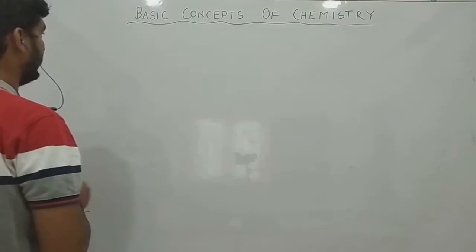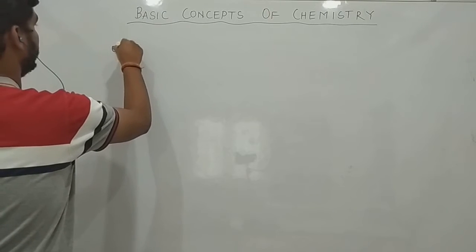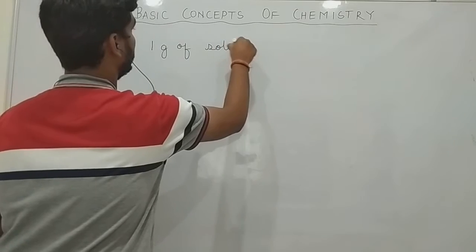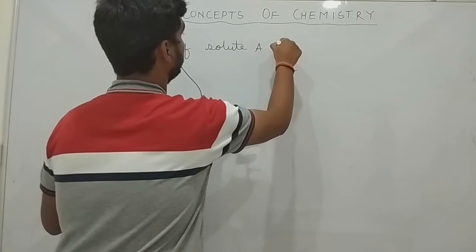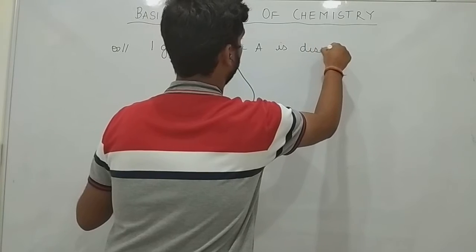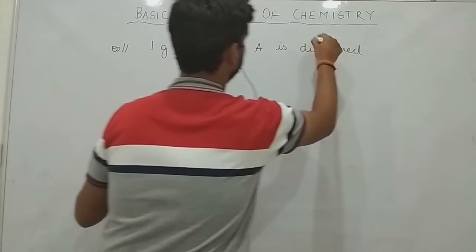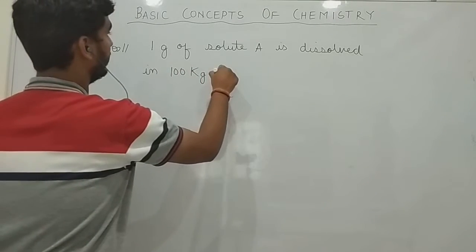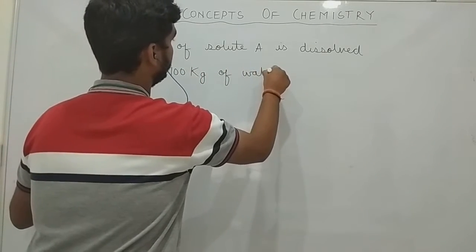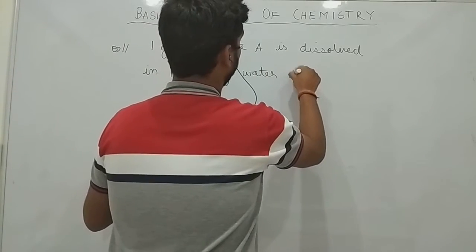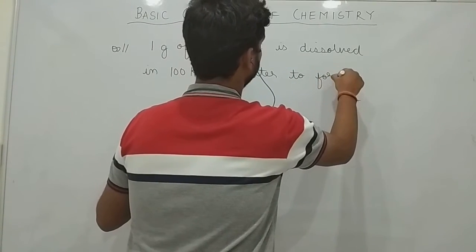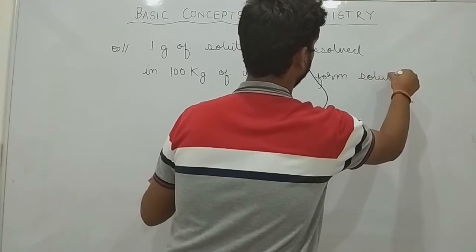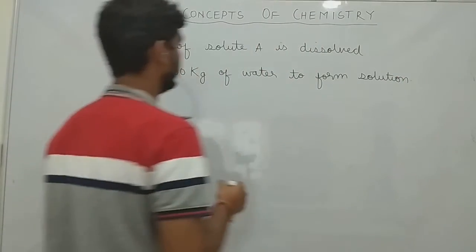Suppose the question says: 1 gram of an unknown solute A is dissolved in 100 kg of water to form a solution. Now you have to find ppm of solute, that is it.